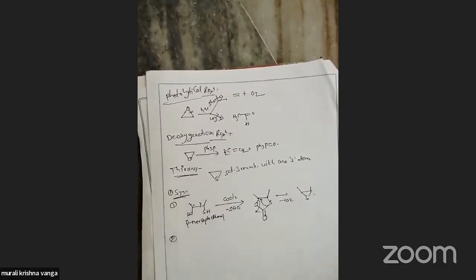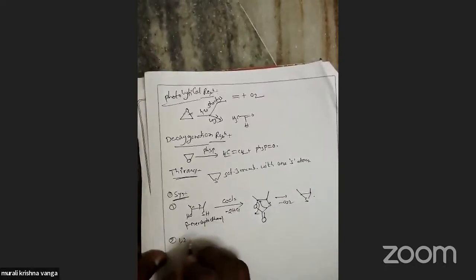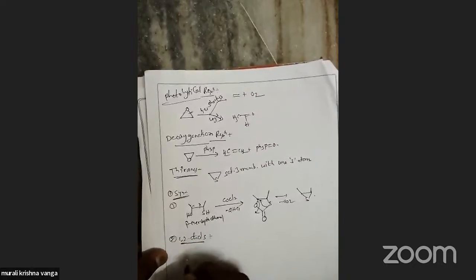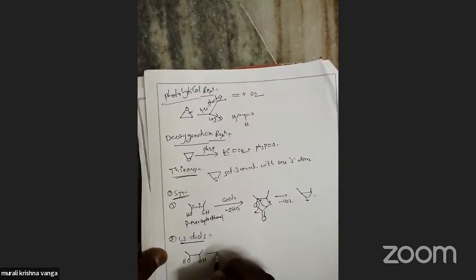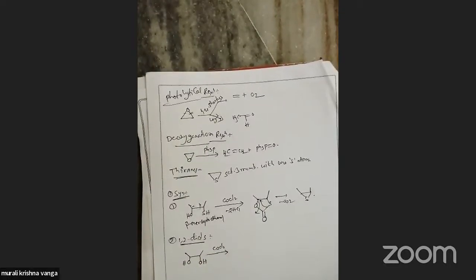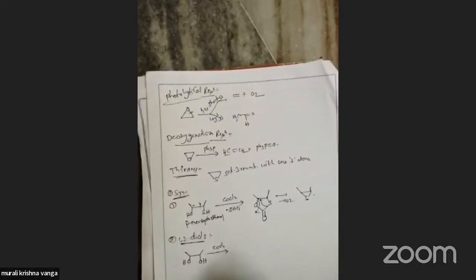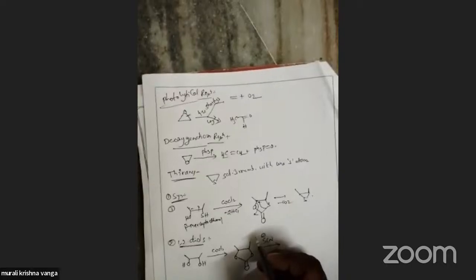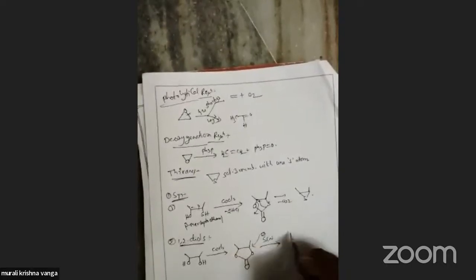Next one is from 1,2-diols. When 1,2-diols react with SOCl2, a cyclic compound is formed. When it reacts with SCN minus, the negative charge on sulfur attacks at the ester oxygen, then the bond shifts to the oxygen side, giving sulfur CN, then O, C double bond O minus.